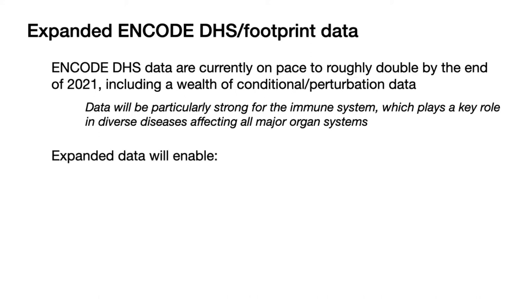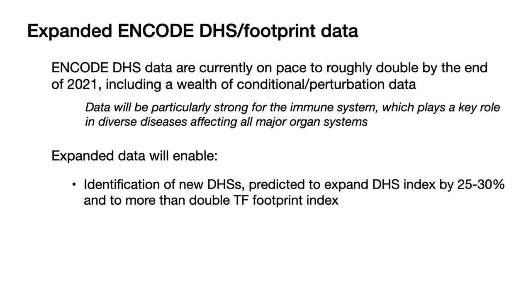So these expanded data are going to enable several things. First of all, the identification of new hypersensitive sites, and we predict that this will expand the DHS index by about 25 to possibly up to 30%, and it will certainly more than double the transcription factor footprint index.